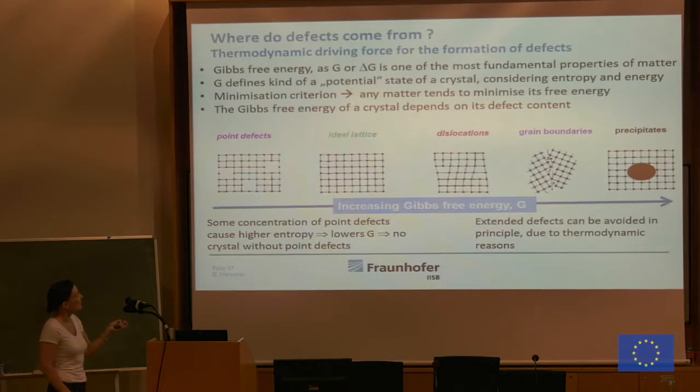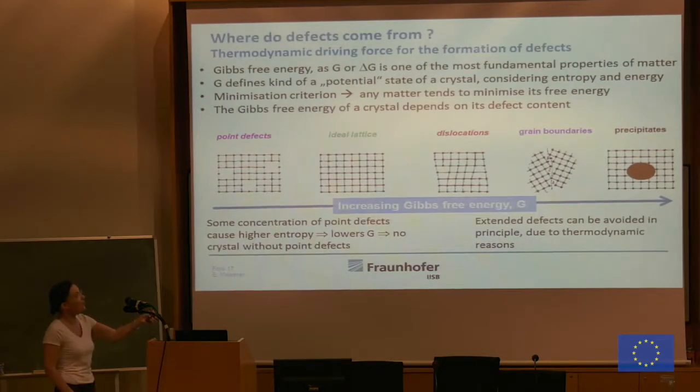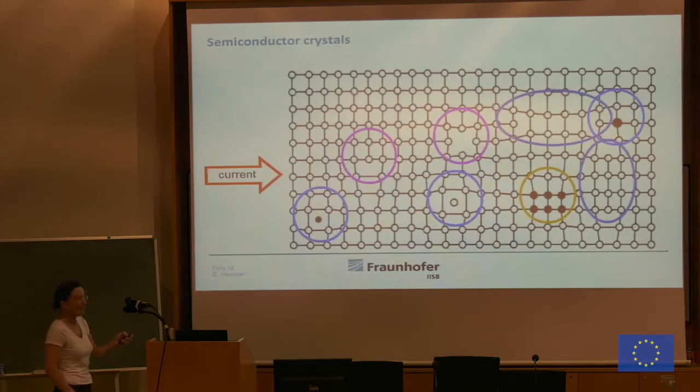So no crystal can be grown without point defects. This is a real crystal. Then you have the ideal lattice, and then, of course, the dislocations, grain boundaries, precipitates. They all help to increase Gibbs free energy, so the extended defects can be avoided in principle, but we have to do some thermodynamic action in order to lower the Gibbs free energy and make the crystal happy. So what do the defects do now for a current flow?